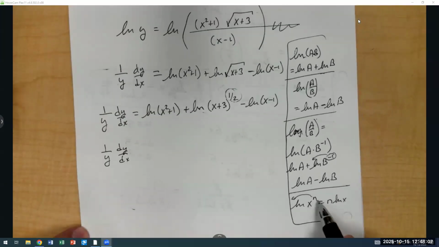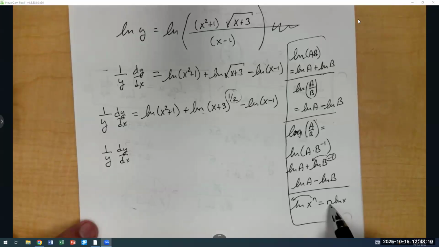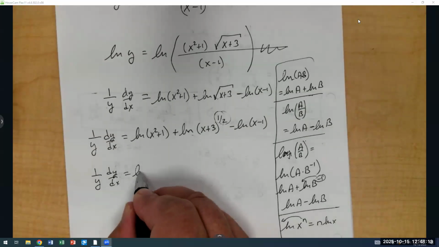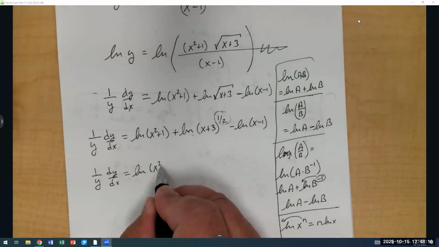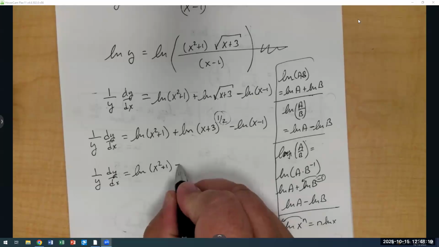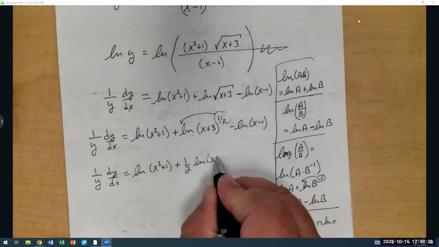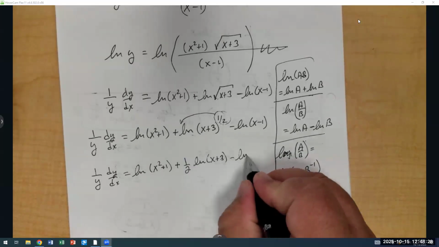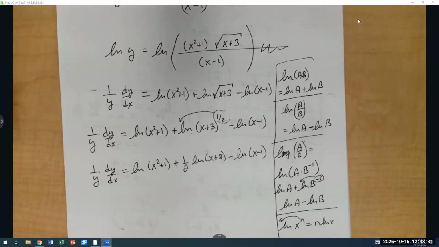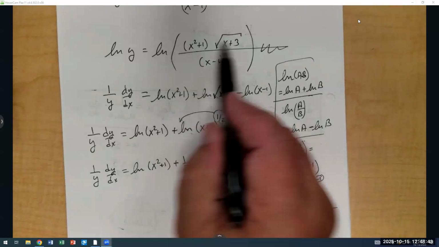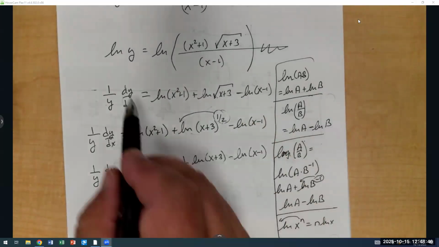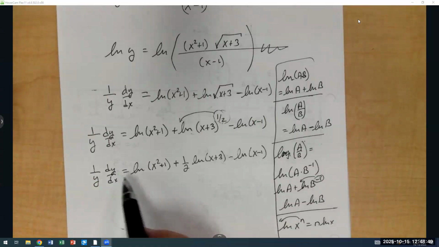According to this, if you have an exponent, it goes out in front. So this comes out here. So it's 1/2 ln of x plus 3, minus ln of x minus 1. Notice we haven't taken the derivative of this side yet. All we've done is take the derivative of the left side. We're just rewriting this one.